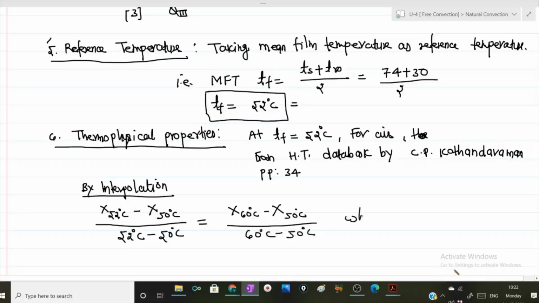In this formula, X is any thermophysical property.